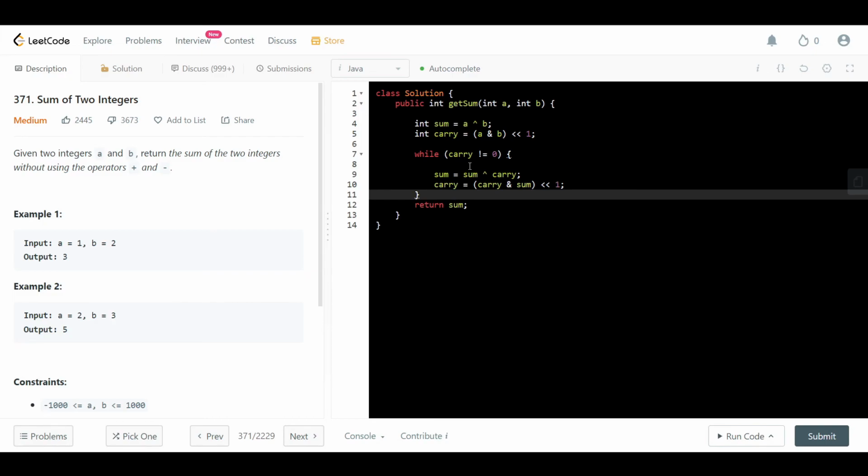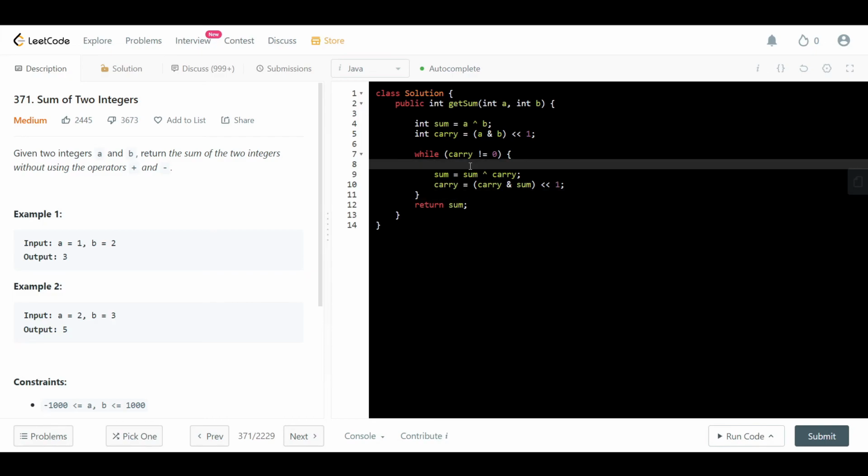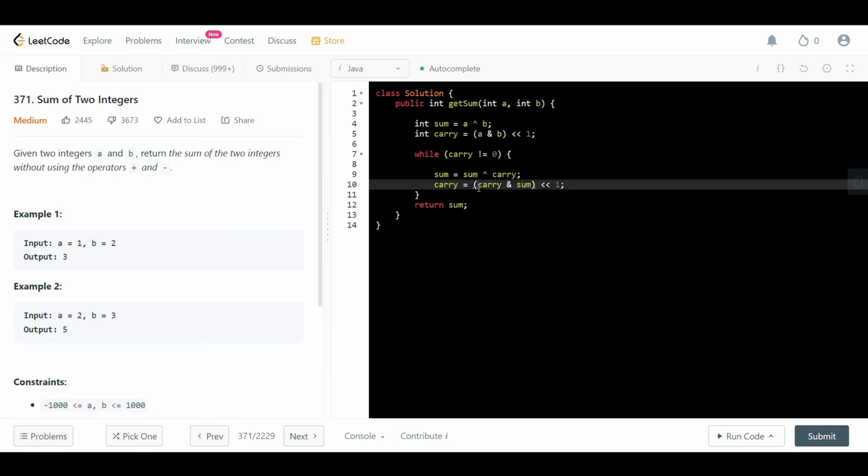If no, we continue. But here there is a small problem, which is the following. When we say sum equals sum exclusive OR with the carry and we update the sum, now when we want to check the carry, we can't say carry and sum. This has changed. This is no longer equal to this.